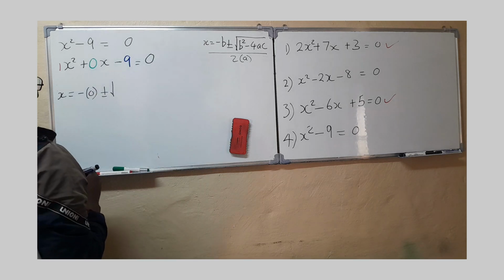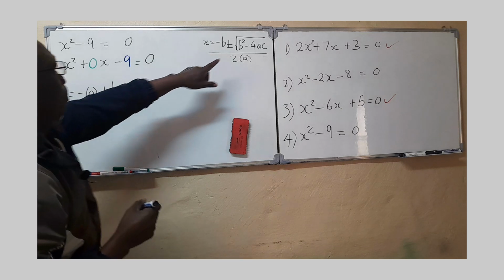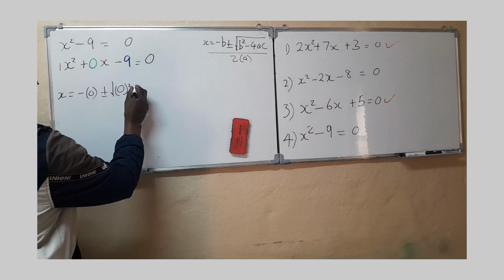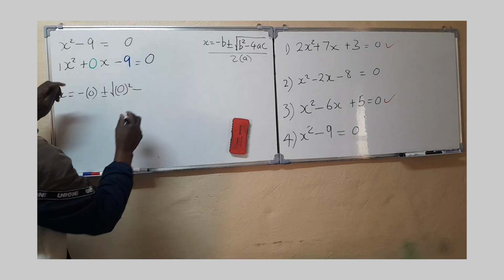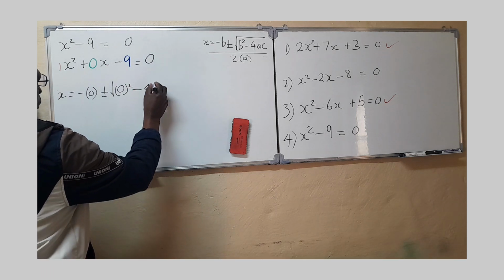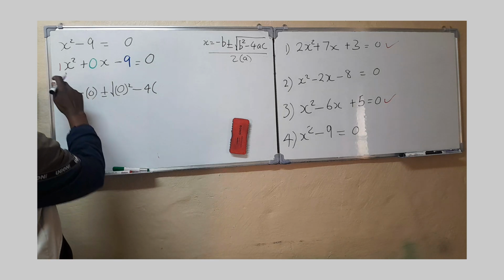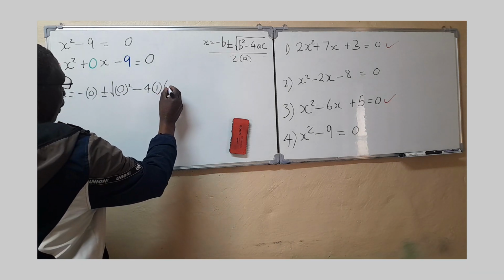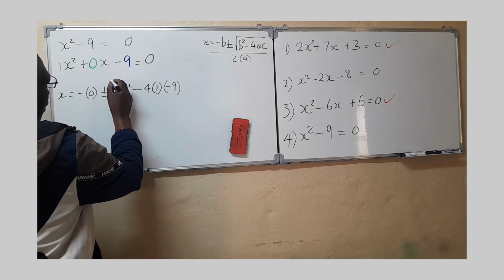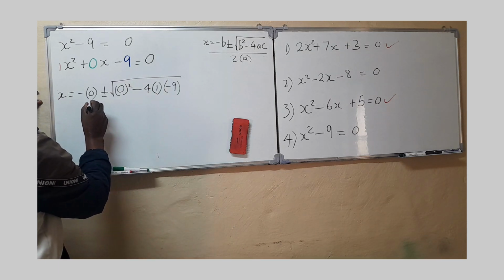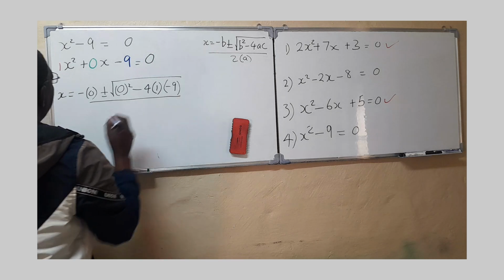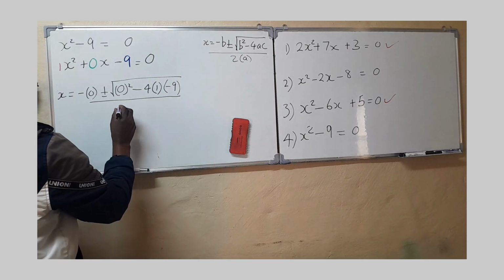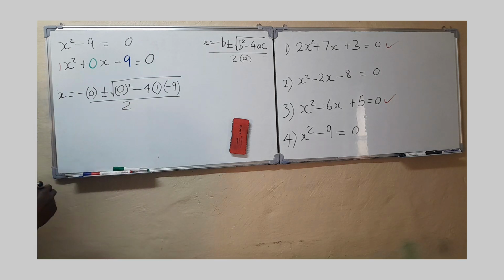B squared, what is b? It's 0 squared, minus 4 multiplied by a, which is 1, and c, which is minus 9. All this is under the square root sign, and here we have a 2 multiplying 1 because a is 1, so this is over 2.